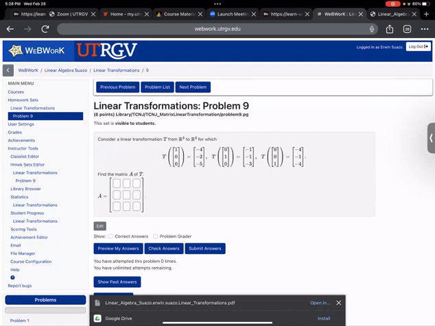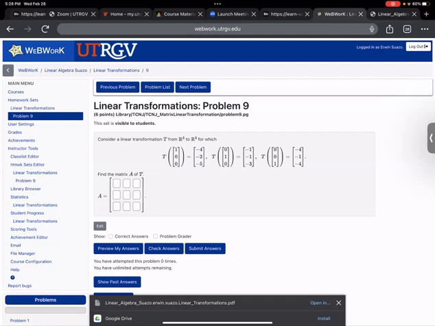So I guess I'm going to write it down here so I can write it on the OneNote. T of 1, 0, 0 is minus 4, minus 2, minus 5.